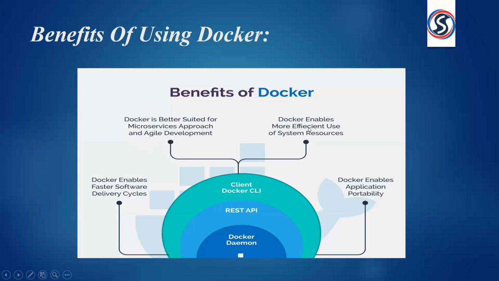It enables more efficient use of system resources, application portability, and faster software delivery cycles. Here it is the Docker daemon, here it is the REST API, and here it is the client Docker CLI.